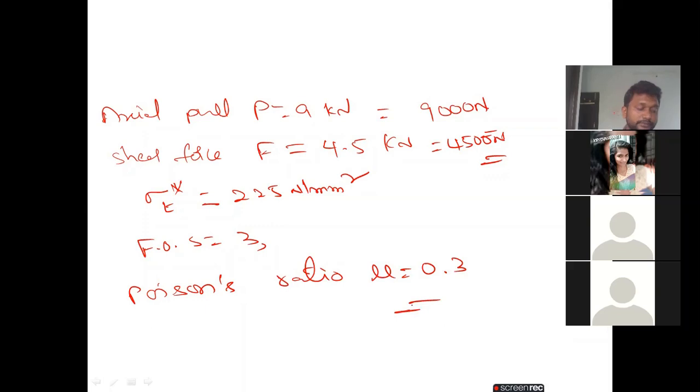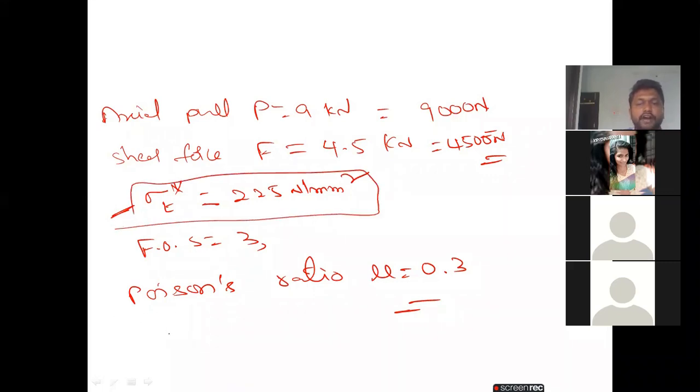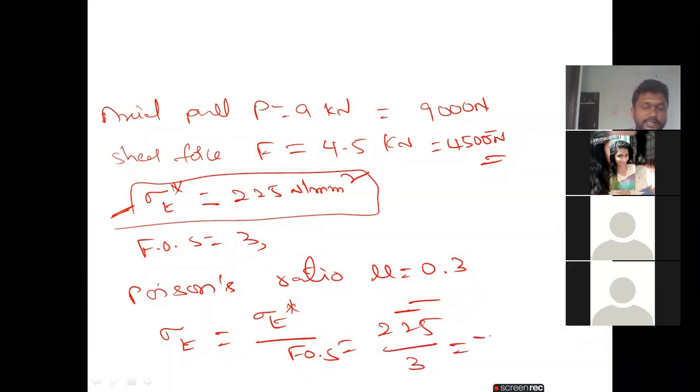We have to know that. So from this, we know already sigma T star. When I want to calculate sigma T, it is sigma T star by factor of safety, that is 225 by 3. We will get 75 Newton per mm square.